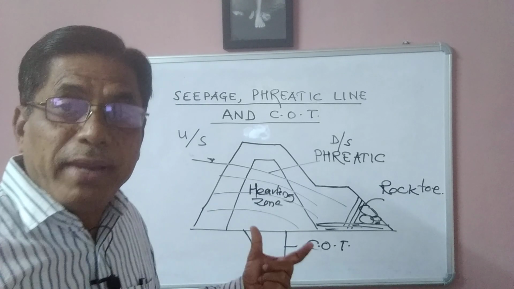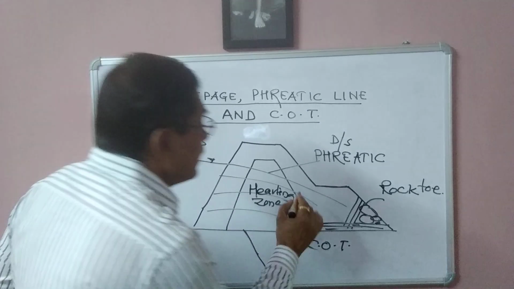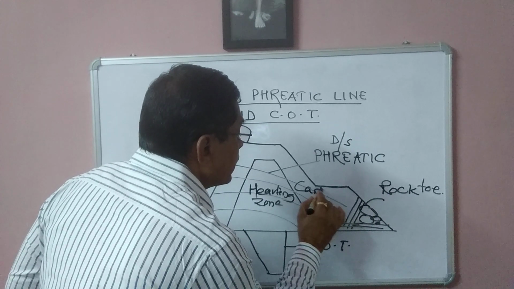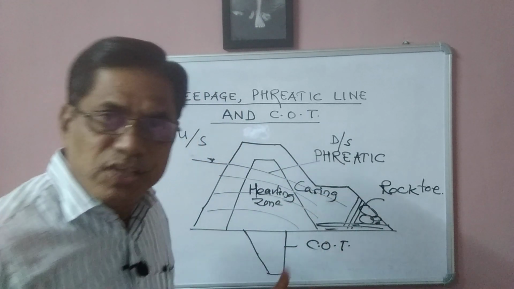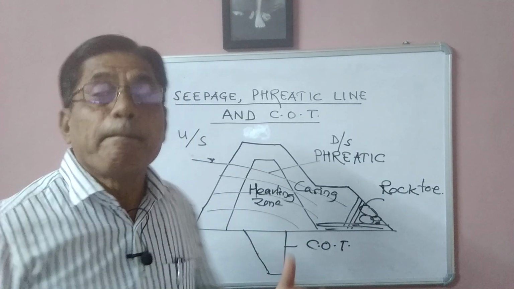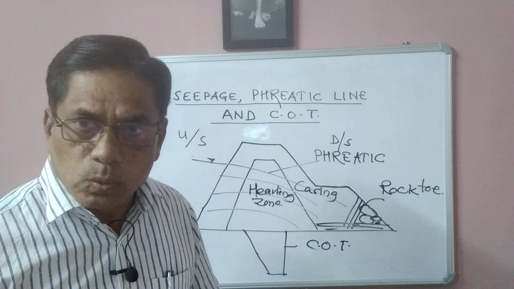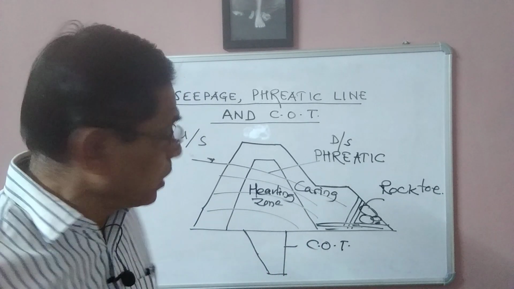It is made of an impervious type of the material, and the outer portion is called as casing zone. It is made with a pervious type of the material. Right?